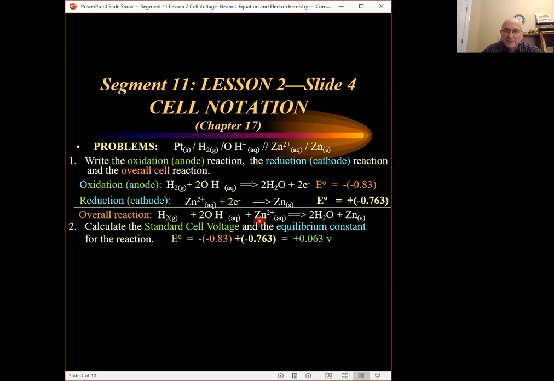My other cell, I'm going to have a zinc electrode. The zinc ion in that solution is going to be at 1 mole per liter. And connect them with a salt bridge and et cetera, et cetera. That reaction, the way it's written, is spontaneous at those concentrations.